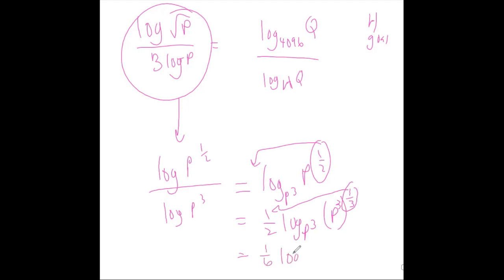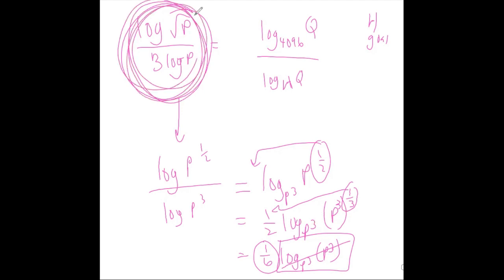Doing that, we're left with log base p cubed of p cubed. And this equals 1, right? So it disappears. So it's just 1/6. That's why I did this trick of 3 and then 1/3, because once this was moved to the front with the 1/2 to create 1/6, I'd be left just with p cubed to match p cubed. So basically, this whole original fraction just equals 1/6.